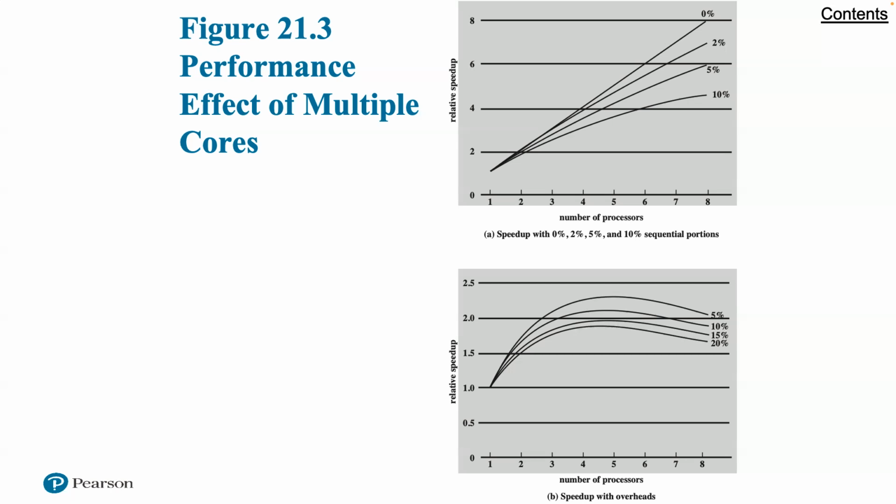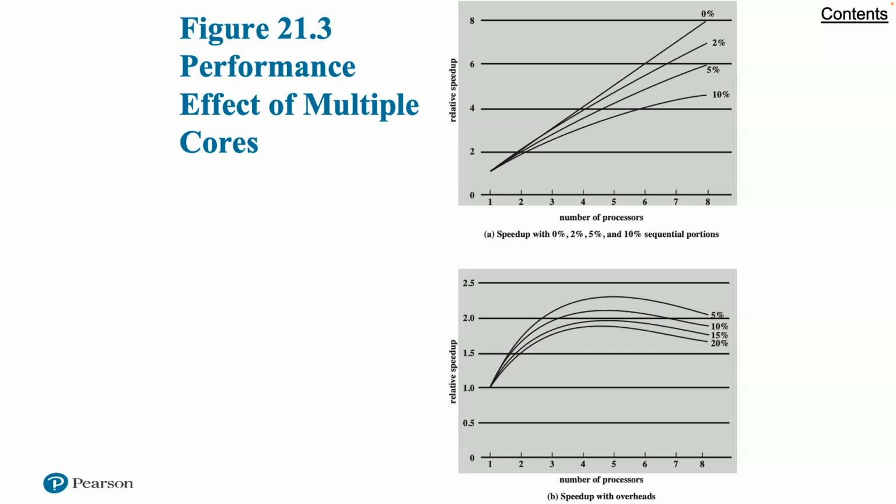In addition, software typically incurs overhead as a result of communication and distribution of work among multiple processors and as a result of cache coherence overhead. This results in a curve where performance peaks and then begins to degrade because of the increased burden of the overhead of using multiple processors.